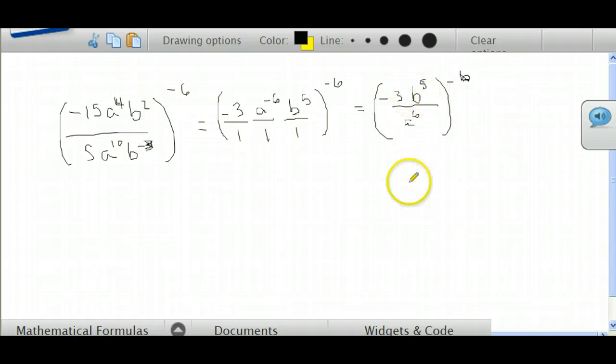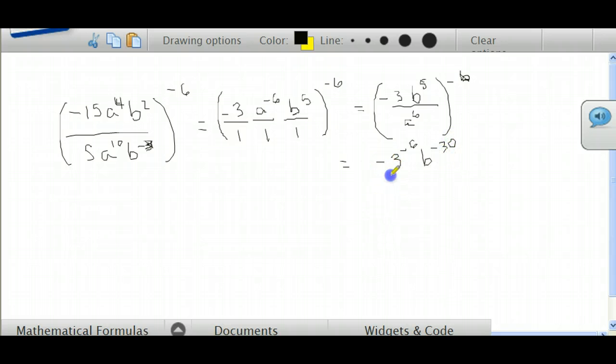What does the negative 6 do? Negative 3 to the power of negative 6, and then b to the power of negative 30.